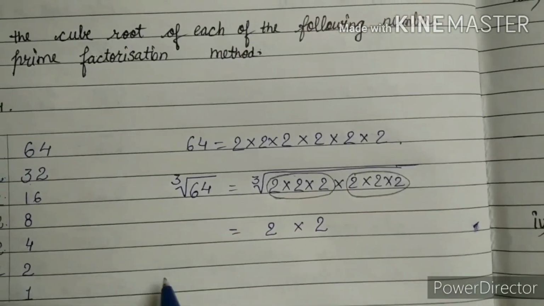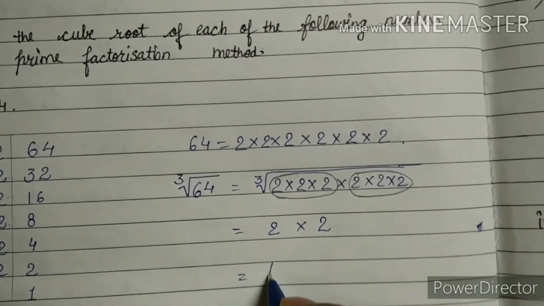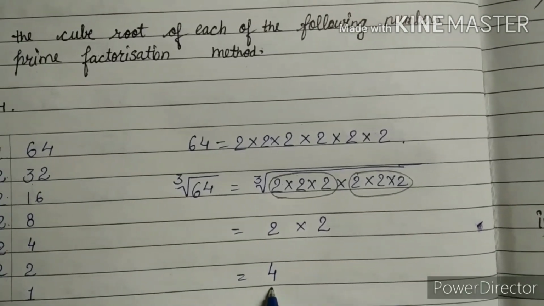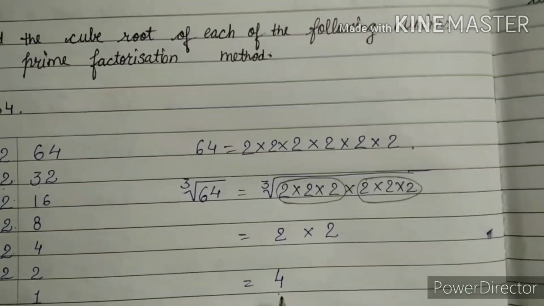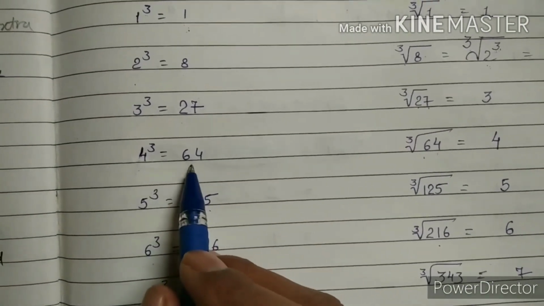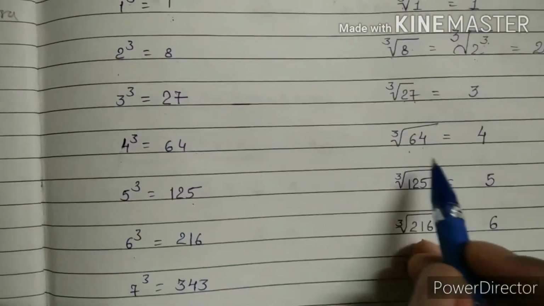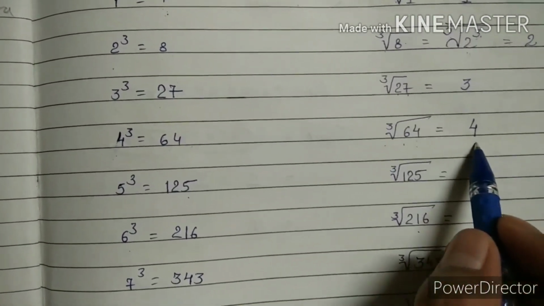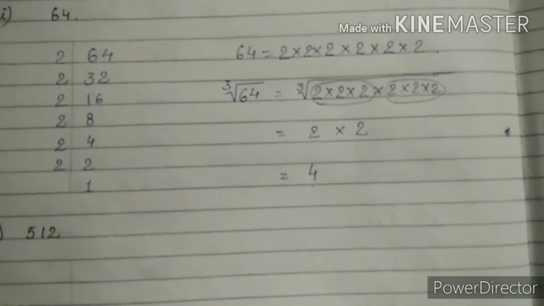So cube root of 64 is 4. As you can see, 4 cube value is 64, so just opposite we take, the cube root of 64 is 4.